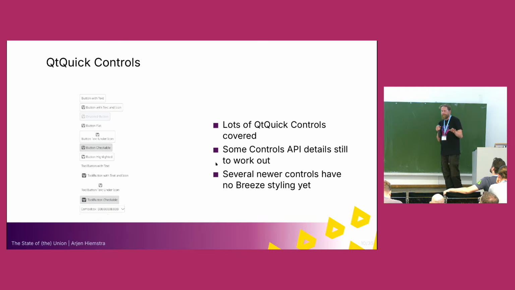There's some bits and pieces where we still have work to do, most notably table controls, and there's some calendar-related stuff that was added in Qt 6 that still needs styling. Funnily enough, as far as I know, none of our other Qt Quick implementations have styling for those calendar controls yet. So if we can get that into Union, Union will actually be the first to provide a Breeze style for those things.